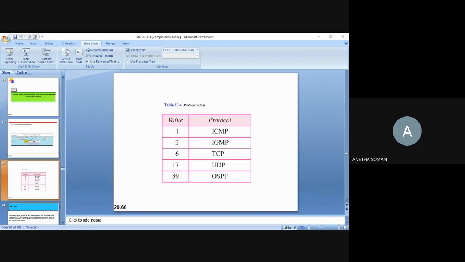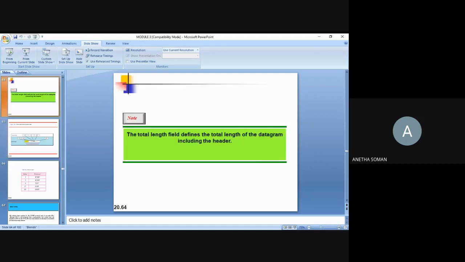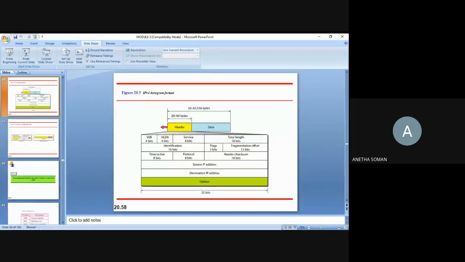What is its purpose? What is its importance? Checksum is an error detection method. So that is the header checksum field, and it is mainly done for error detection.